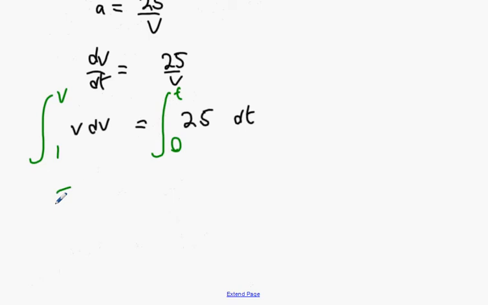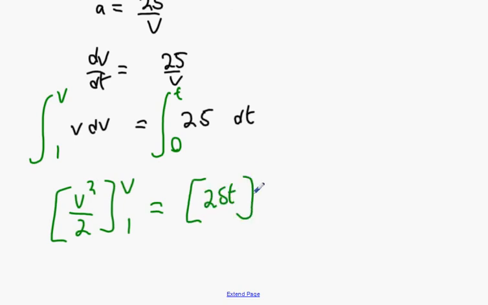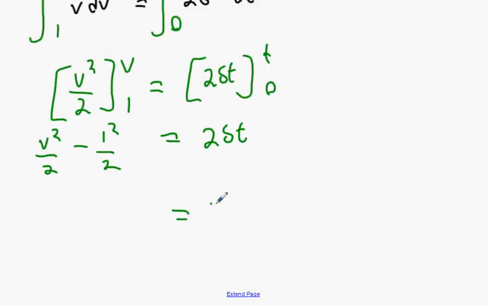Now we get v squared over 2 when you integrate from v to 1, and then we're going to get 25t from t to 0. So we get v squared over 2 minus 1 squared over 2 equals 25t. Now, at this point, it's probably a good choice not to isolate v on its own.